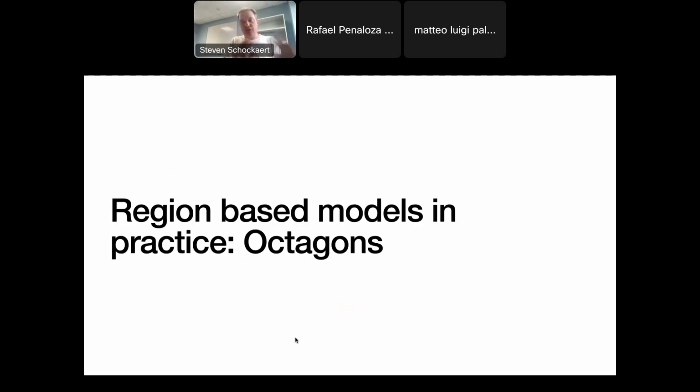Okay, so that's the work that we did a few years ago. We have this relatively nice result where we can capture at least an arbitrary set of composition rules using convex regions, and that's nice.